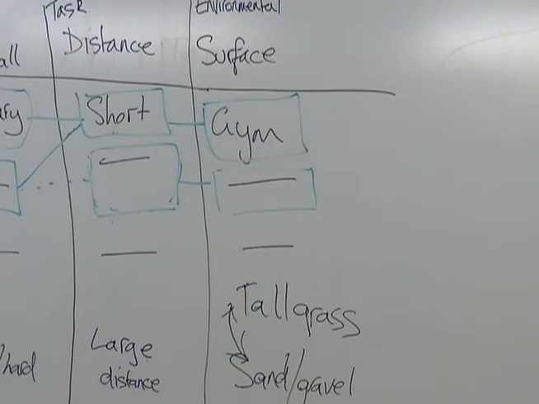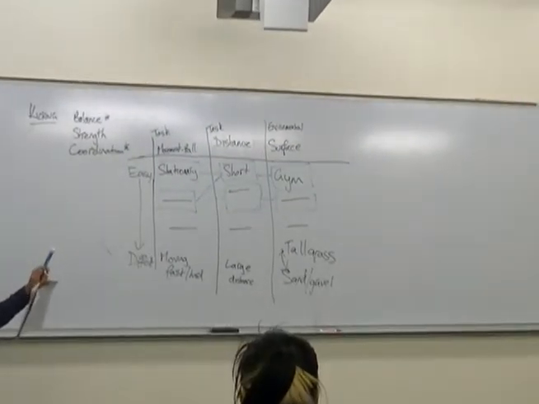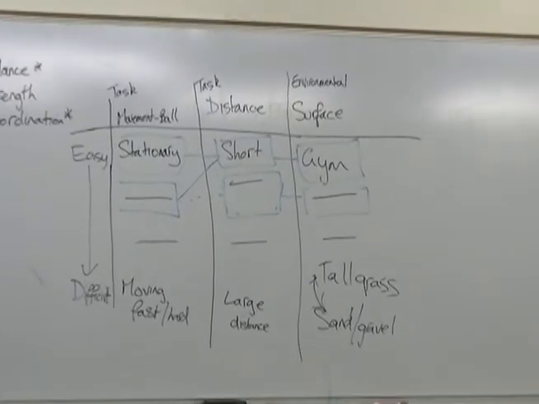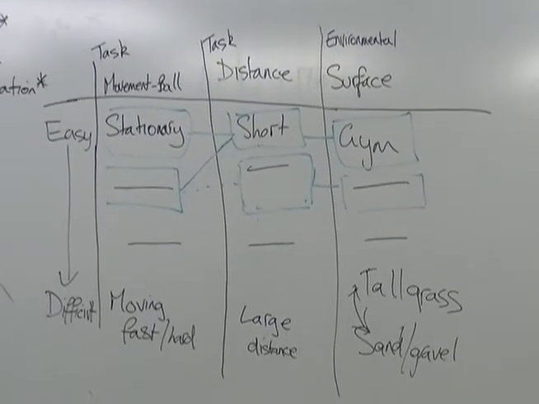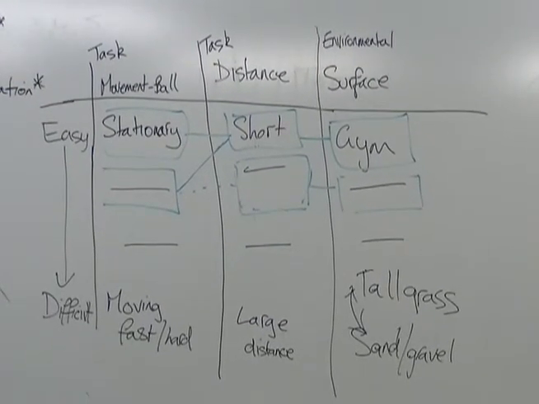So you can use the task analysis to help you create a developmental set of lesson plans where things change across time. The other way you can use it is to assess your children.